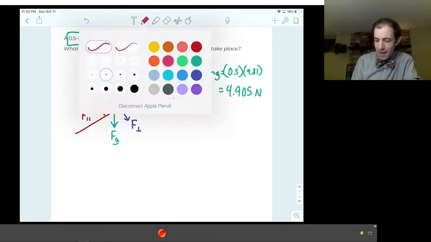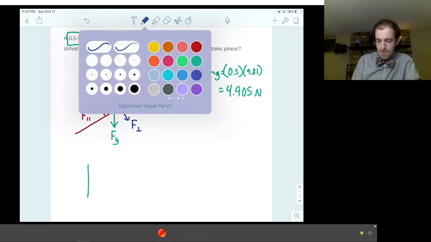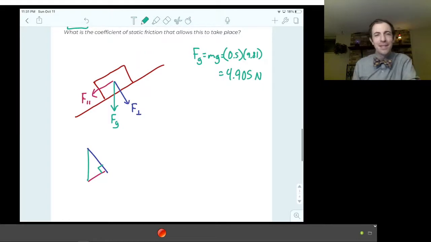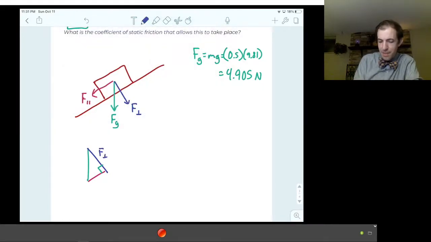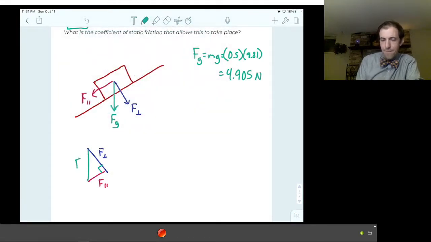These form a right triangle that looks something like this, where the right angle is between the perpendicular and the parallel sides. So I'm just going to label this F perpendicular, F parallel, and force of gravity, Fg.